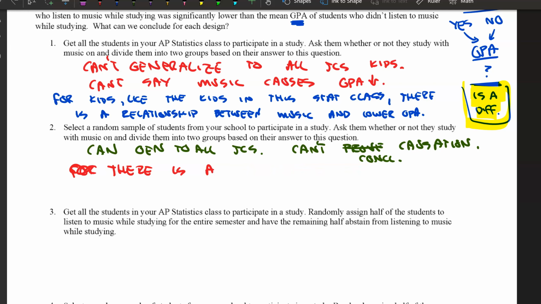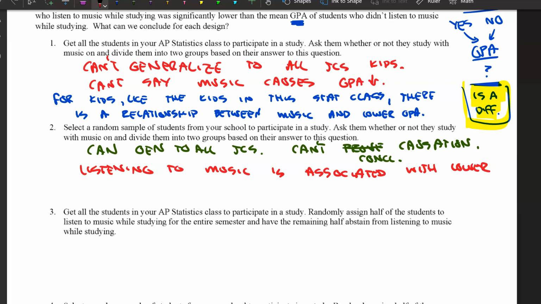So let me say this a different way. Listening to music is associated with lower grades for all kids at JCS upper school.